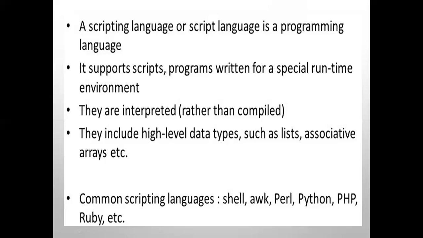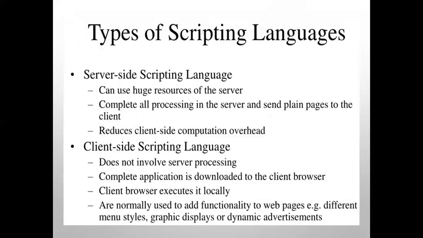Next, let's see the types of scripting languages. There are two types of scripting: server-side scripting and client-side scripting. In the server-side scripting, the script resides on the web server. To execute this, it must be activated by the client. Then only it is executed on the web server.